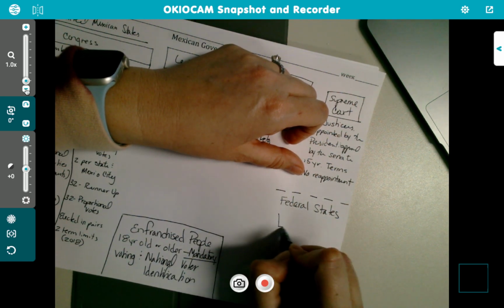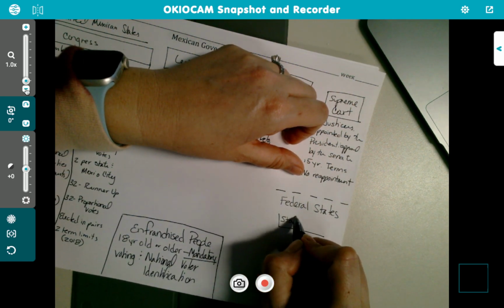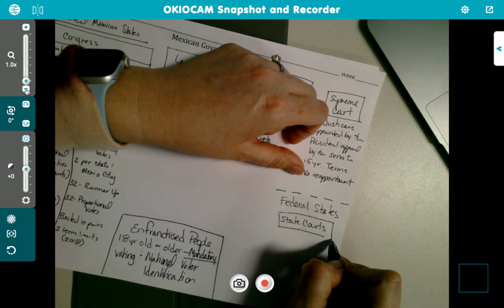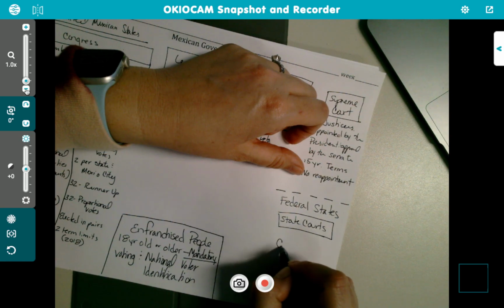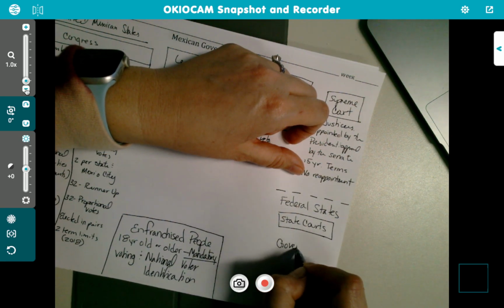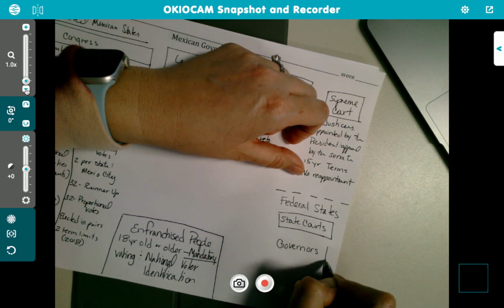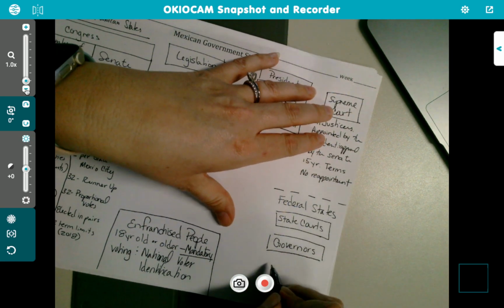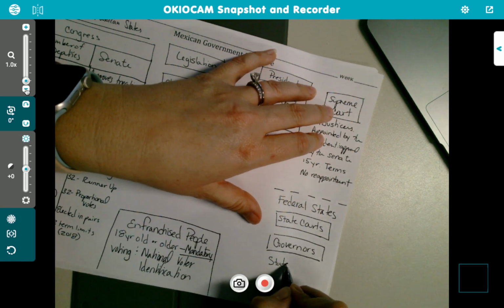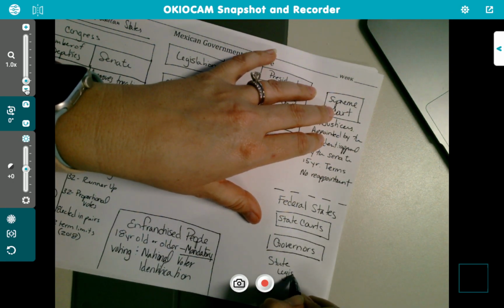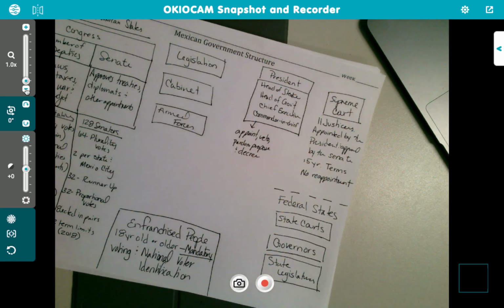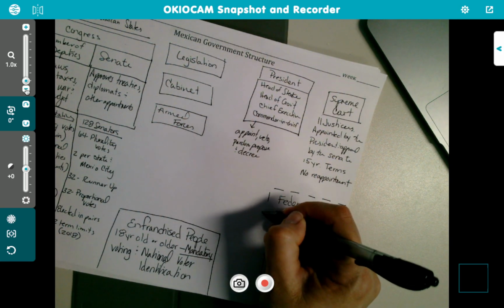You need to know that you have state courts, you have governors, and then you have state legislatures. Okay, but these are all federal states.